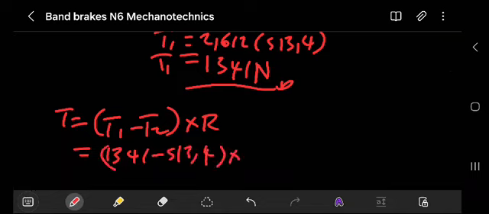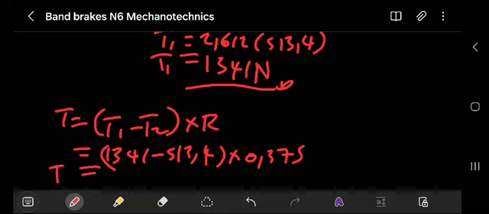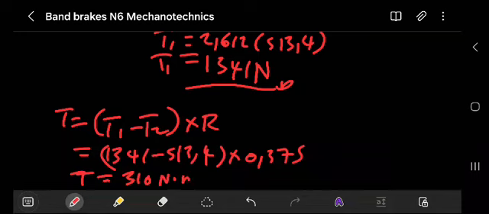The radius of the drum is 0.375. Then the torque simply equals 310 Newton meter. So this is what we have.